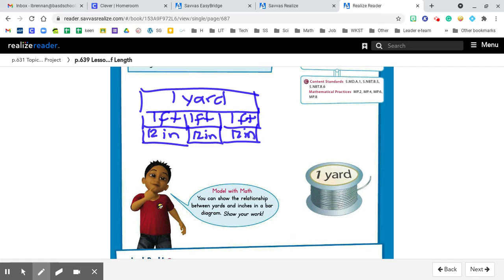So we could use repeated addition. 12 plus 12 plus 12 equals 36. We could use multiplication. 12 times 3 equals 36. And we know that these are equivalent. So 1 yard is equal to 3 feet and equal to 36 inches.